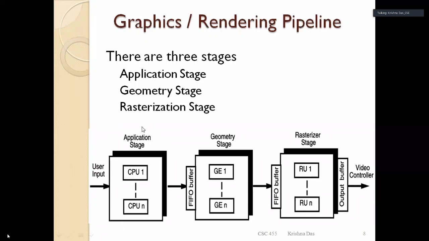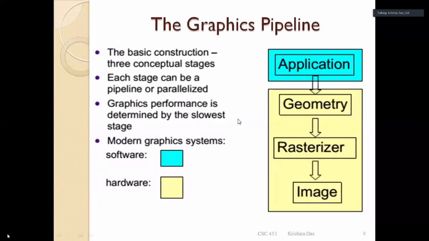The first is the application stage, where you are giving an input to the computer to create the image. Then all the instructions are taken and it is working in the machine, and that's the geometrical stage. And finally it's showing on the screen. That is the rasterization stage, generally speaking.